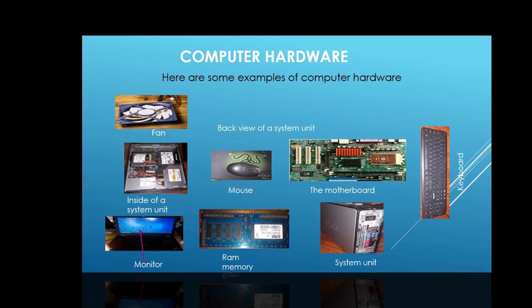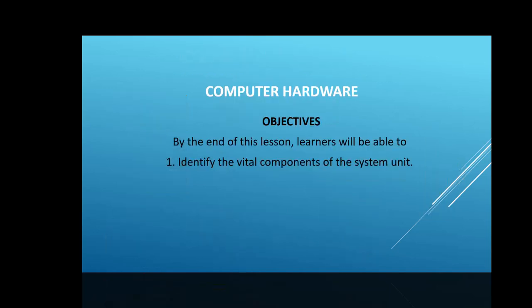You can find the fan in the system unit, the motherboard in the system unit, and the back view or back side of a system unit. So these are all examples of computer hardware. By the end of this lesson, you should be able to identify the vital components of the system unit.